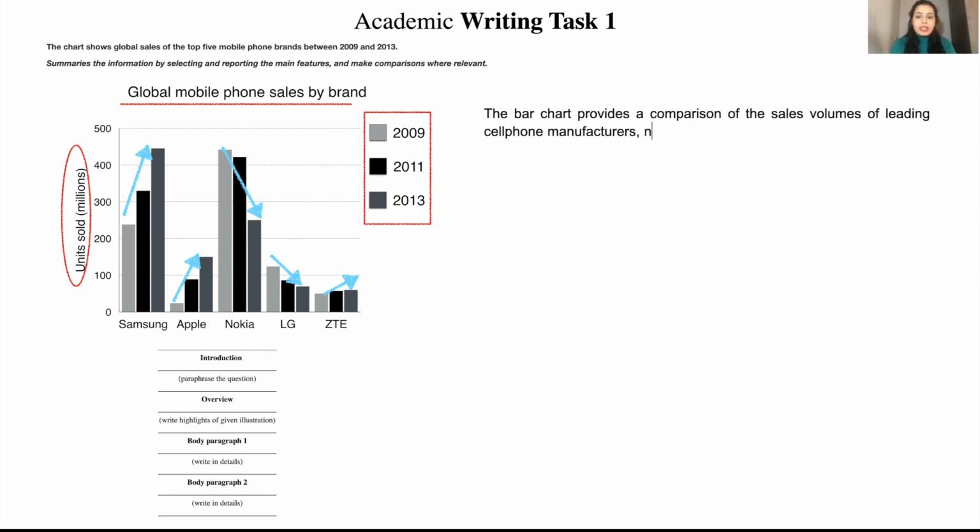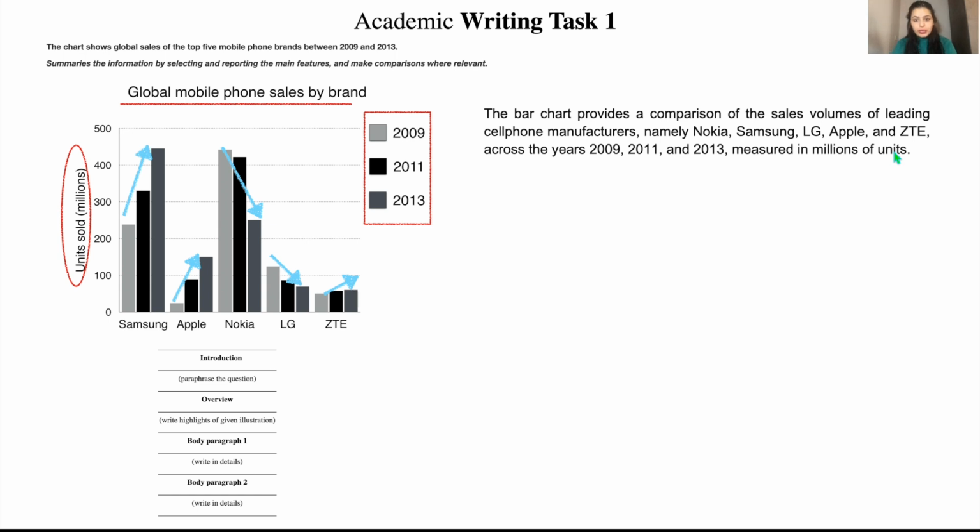And instead of brands, I am writing manufacturers here, namely Nokia, Samsung, LG, Apple, and ZTE, across the years. Instead of writing between 2009 and 2013, we have used across the years. And yes, don't forget to mention the measurement unit, and that is in millions. So we have used measured in millions of units.